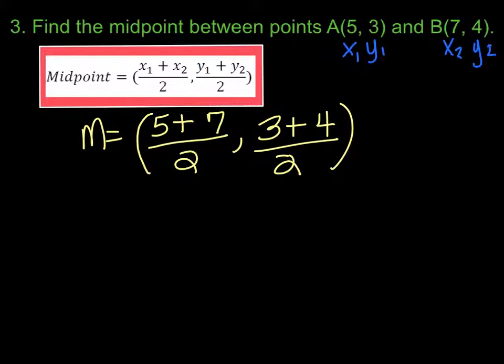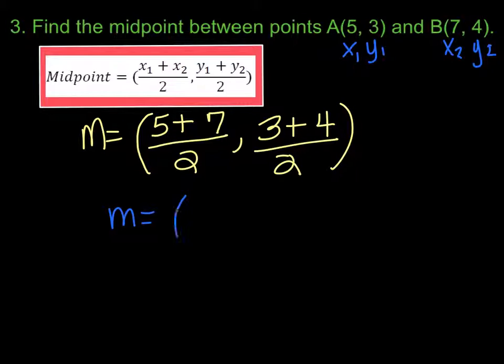Now this time we're not finding a length like the distance formula. Here we're finding a point. So that's why we have the parentheses, because we're going to end up with an ordered pair, an x value and a y value.